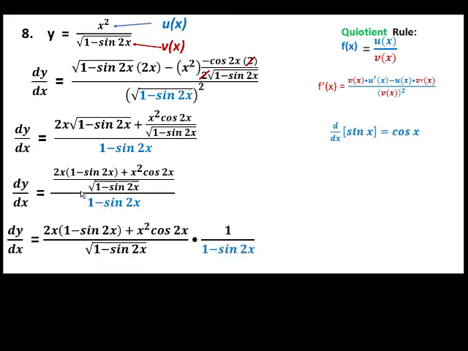And perform the operation of complex fraction, so the denominator is inverted. Then multiply. The denominator we will multiply in terms of the exponent. So the exponent of 1 minus sine 2x is 1/2. Here its exponent is considered to be 2 over 2 or 1.